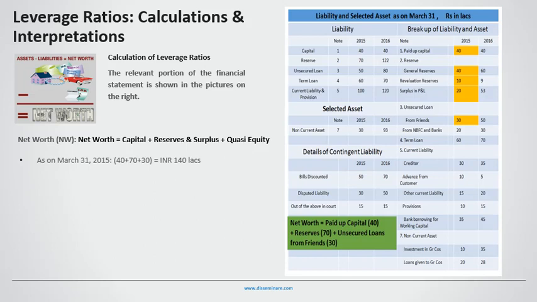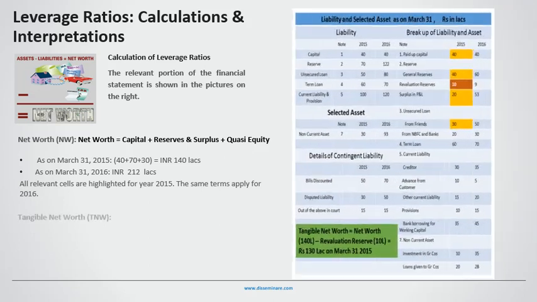As on March 31, 2015, net worth of borrower equals rupees 40 plus 70 plus 30 lakhs equals rupees 140 lakhs. 2. As on March 31, 2016, calculating similarly, the net worth of borrower is INR 212 lakhs. All relevant cells are highlighted for year 2015. The same numbers are added for 2016.